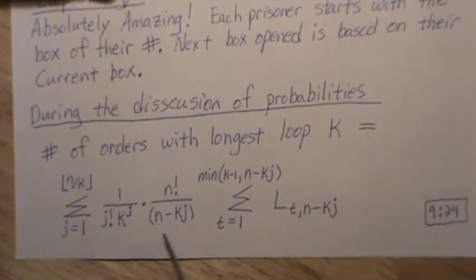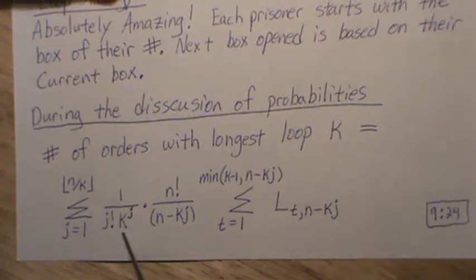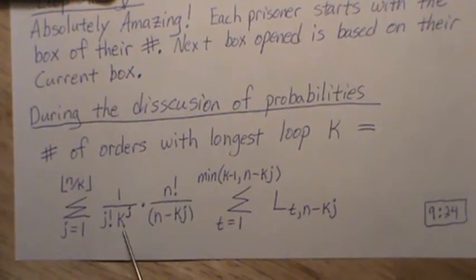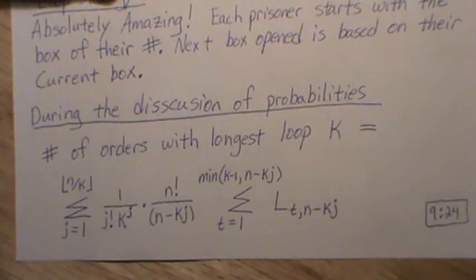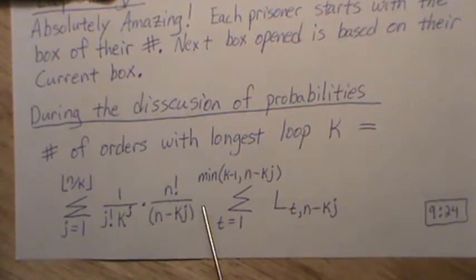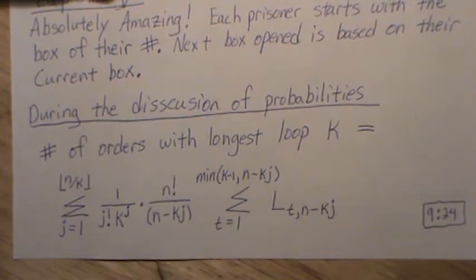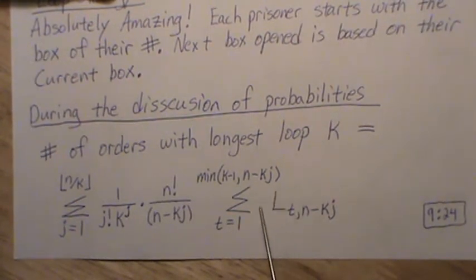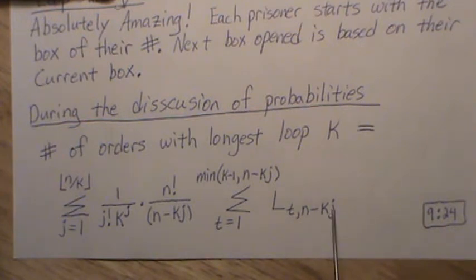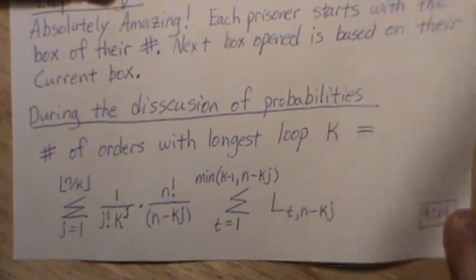But this is not a bet, because Derek is 1 for 1 in bets, and I don't want to bet him. But the formula doesn't feel right. So k raised to the j, factorial, it all seems like it's approaching the right thing. So it could be. I just don't know what LT comma n minus kj means, and this will mean more in a second.